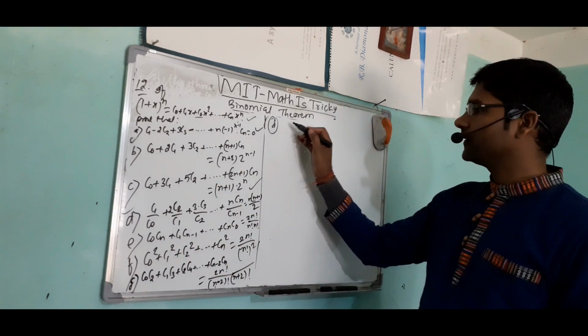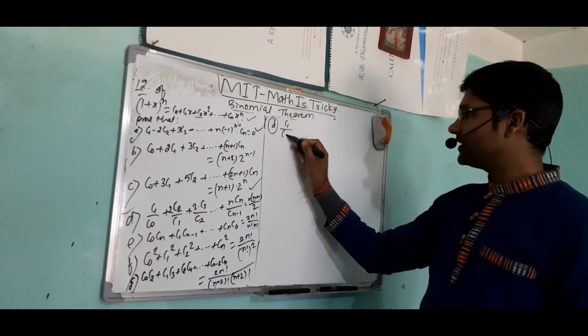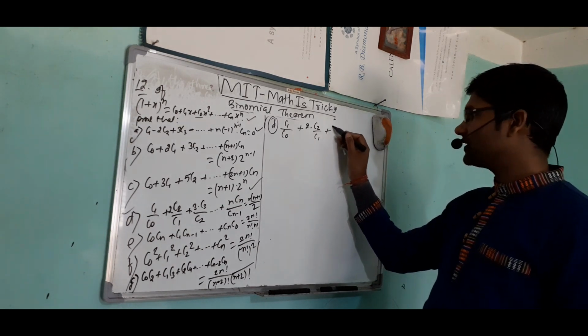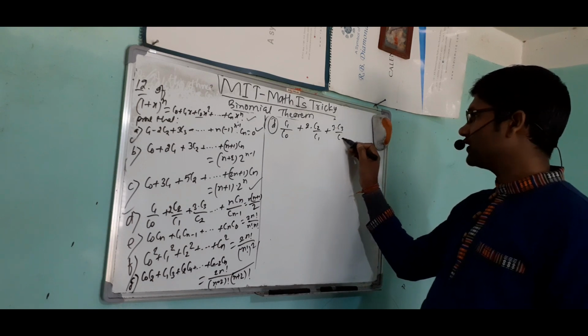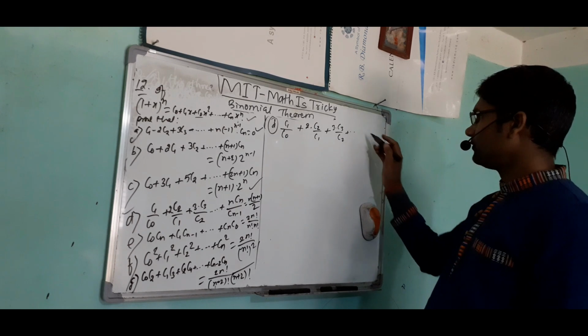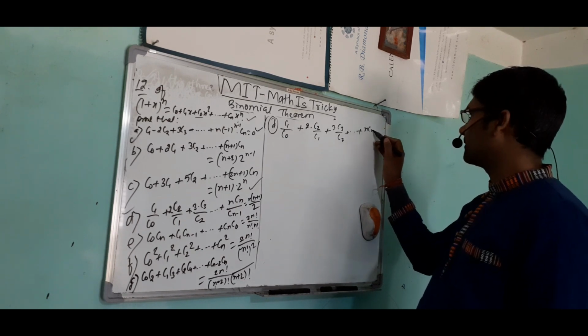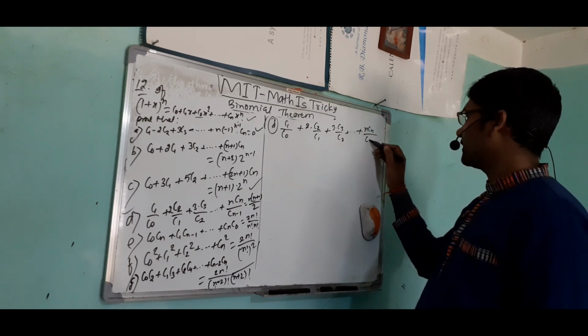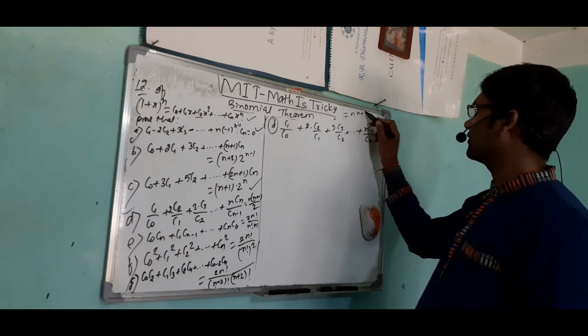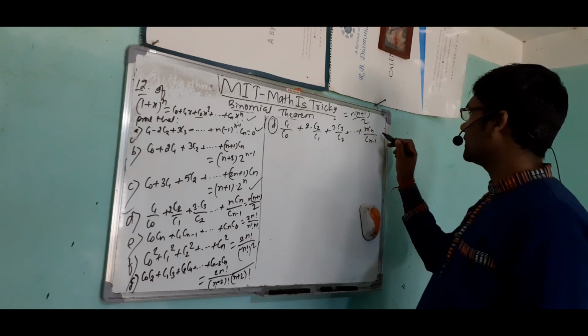For D, we have to prove C1/C0 + 2·C2/C1 + 3·C3/C2 + ... + n·Cn/C(n-1) = n(n+1)/2. Okay, this is what we have to prove.